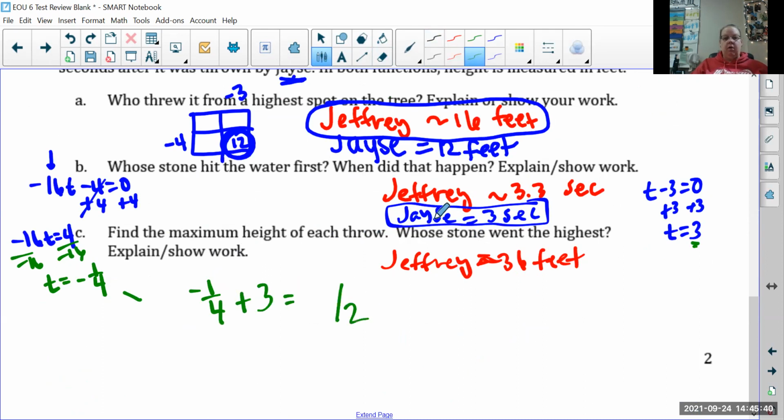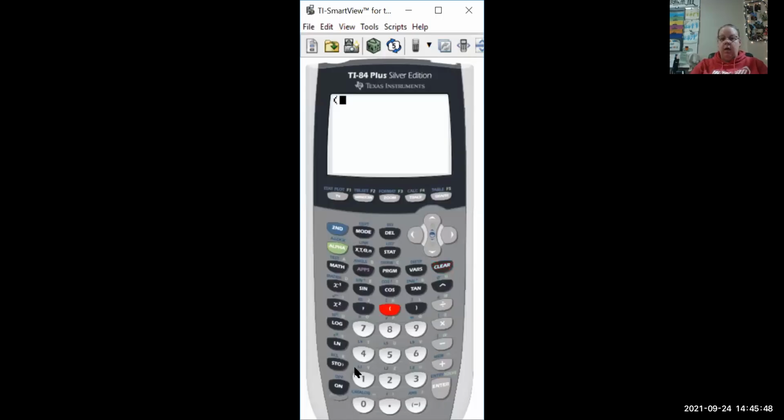Because I have a calculator and there's a fraction involved, I'm going to share my calculator screen, and we're going to do it in here. I'm going to do negative 1/4 plus 3, because those are my two x-intercepts, and then divide by 2 to find the exact middle. So 1.375 is the exact middle of those two.